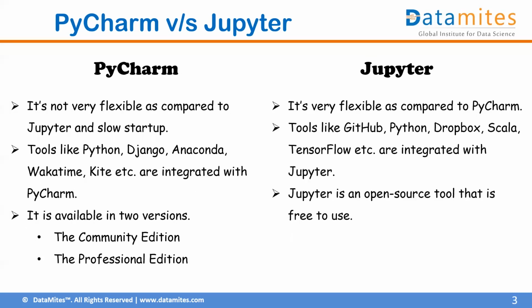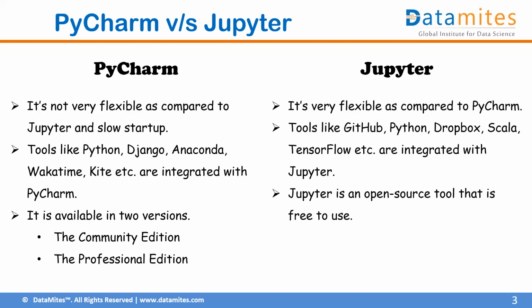Apart from that, PyCharm is not as flexible when compared to Jupyter Notebook, because remember, in PyCharm, for execution of any code, you need to write the complete snippet of code. But in Jupyter, you need not do that. It is very flexible. You can just cut and paste the small snippet of code that you want to try out.